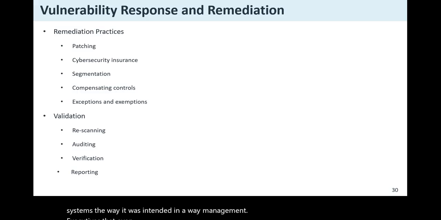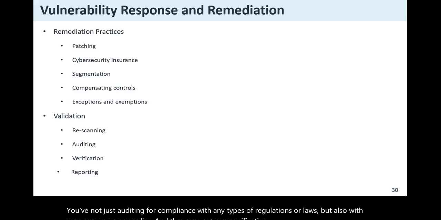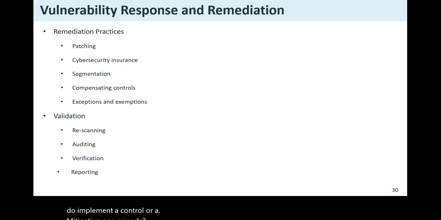And then you're not just auditing for compliance with any regulations or laws, but also with your own company policy. And then you got your verification. So verification that once you do implement a control or a mitigation or a remedy or even a patch, it is taking care of the problem it is intended to take care of.